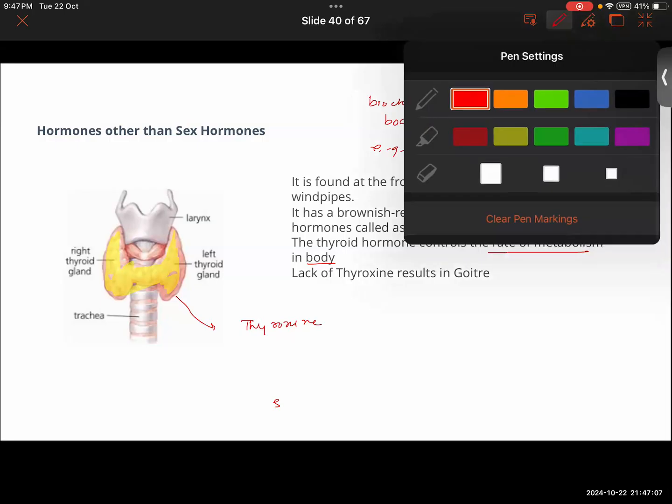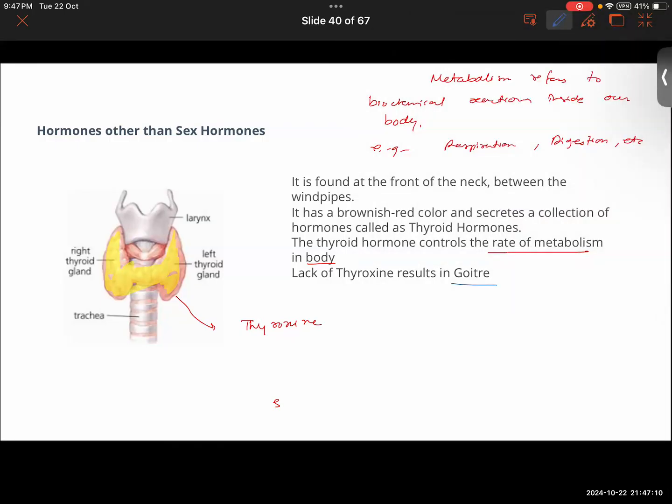Next, we were learning about goiter, in which I was saying that the thyroid gland requires iodine. Why does it require iodine? It requires iodine to produce thyroxine hormone.